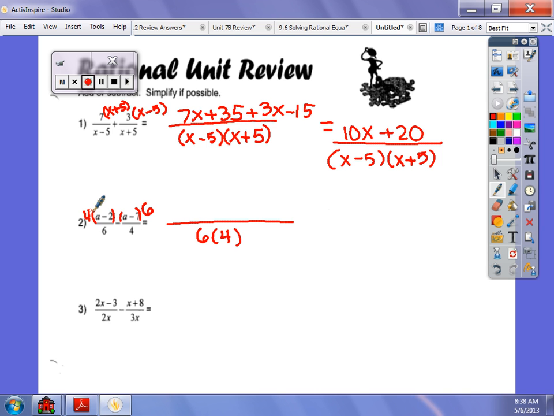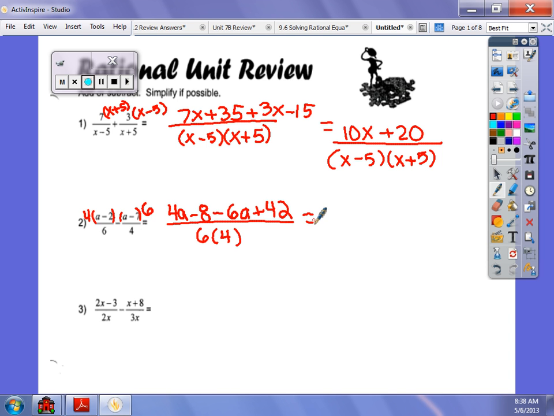So when we distribute, we get 4a minus 8. Now remember, this becomes a negative 6. So it's negative 6 times a, which is negative 6a, and negative 6 times negative 7, which is 42.